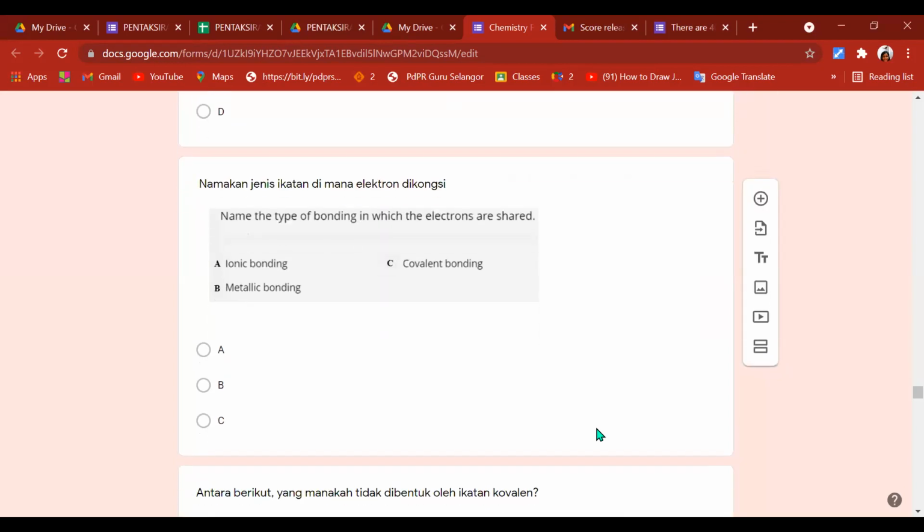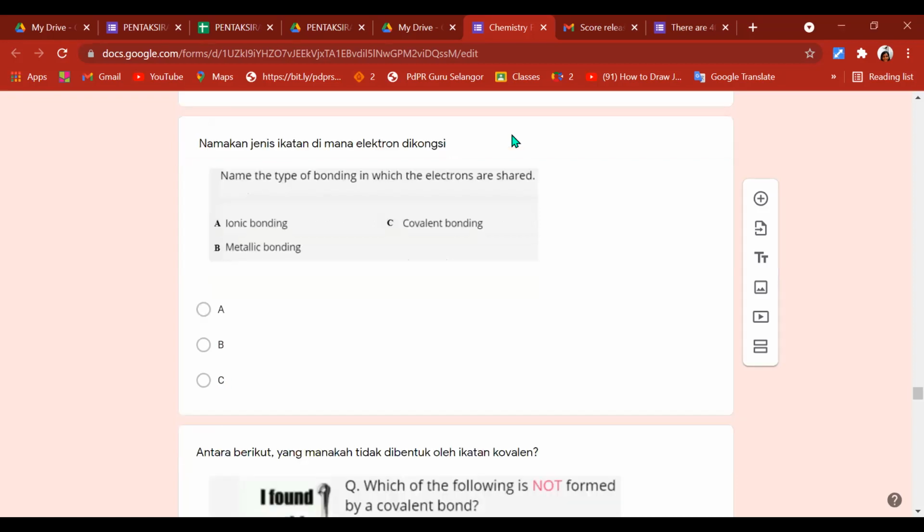Okay, next one. I want to have Renette. Renette, try this, Renette. Okay, Renette, are you still seeing a blank screen? That's a very long blank screen there. Okay, now you can see. All right. Okay, Renette. Very good, Renette. Okay, let's try. What is the type of bonding here? Where my electrons are shared.